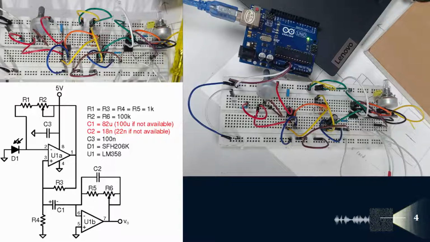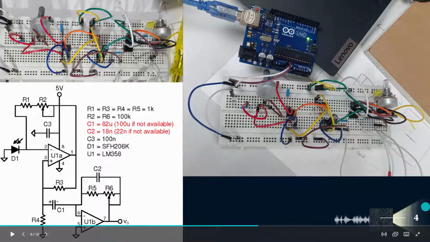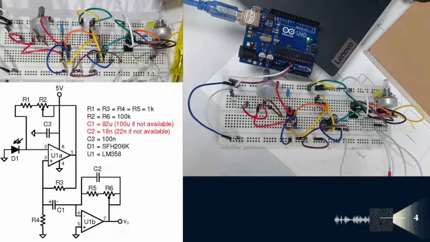The high-pass filter at the receiver filters a current. Hence, R4 and C1 are placed in parallel, and we have to keep in mind that C1 is connected to the inverting input of U1B, which is a virtual earth.